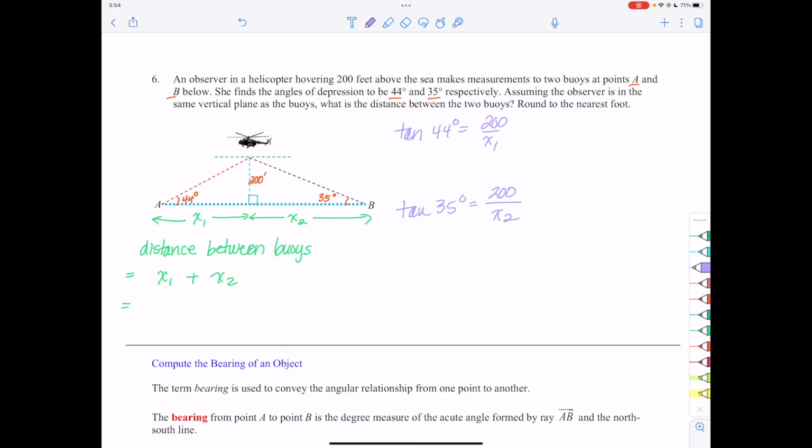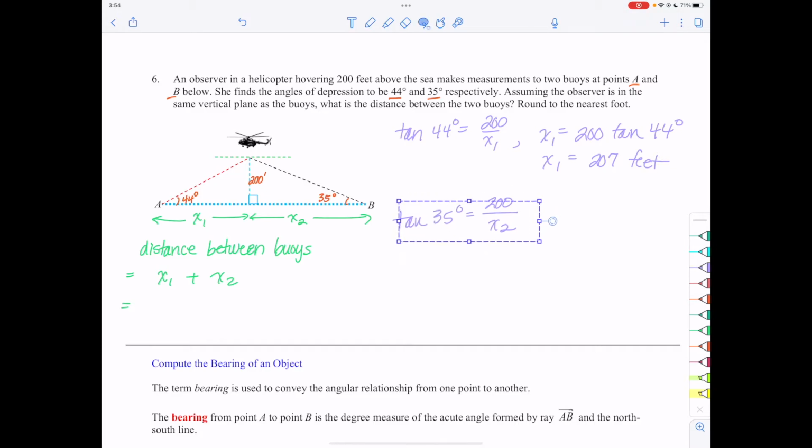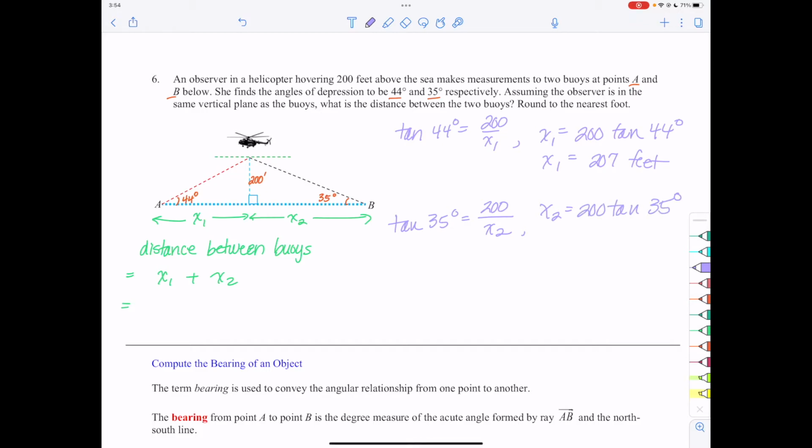So we can say that x1 is equal to 200 multiplied by the tangent of 44 degrees. So x1 is equal to 207 feet. Okay, let's do the same. So now we have x2 is equal to 200 multiplied by the tangent of 35 degrees.